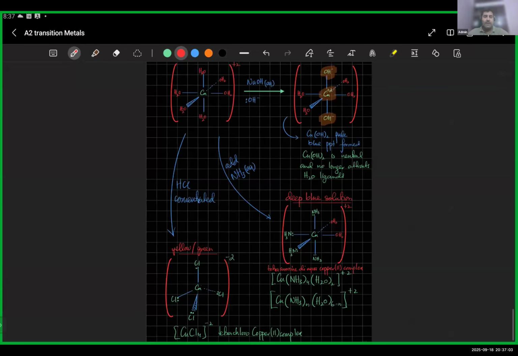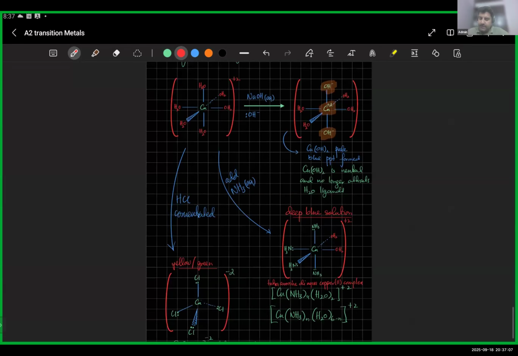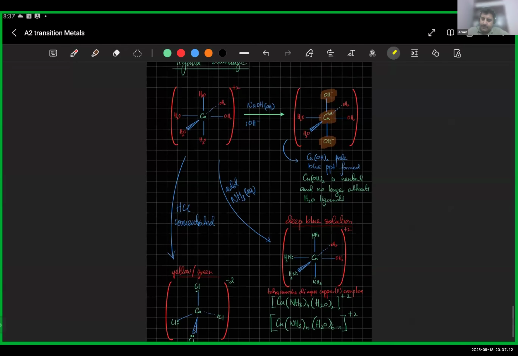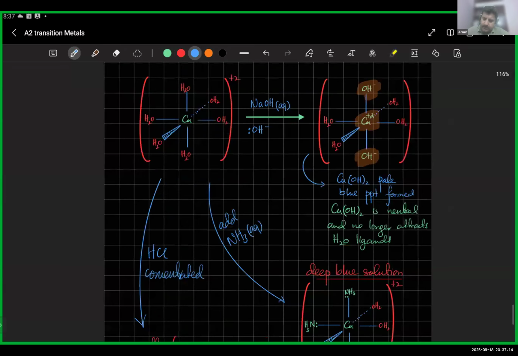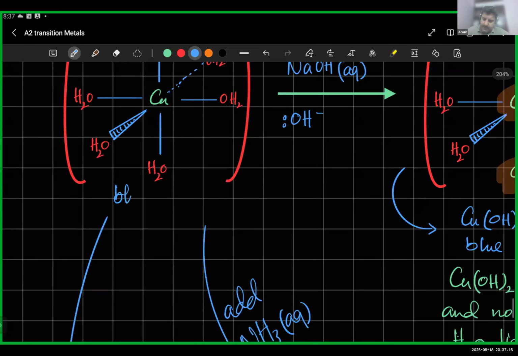So there are 4 ligand exchange reactions that you see. The first one is copper with water, that's blue. Let me write that. This is your blue solution or hydrated blue crystals.